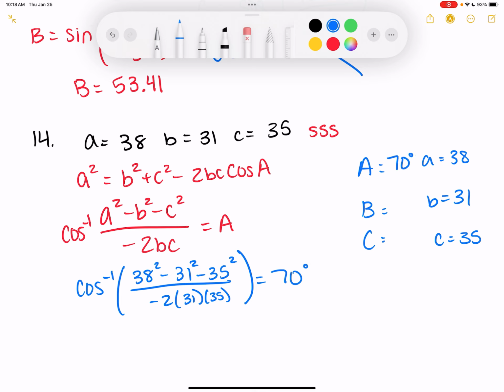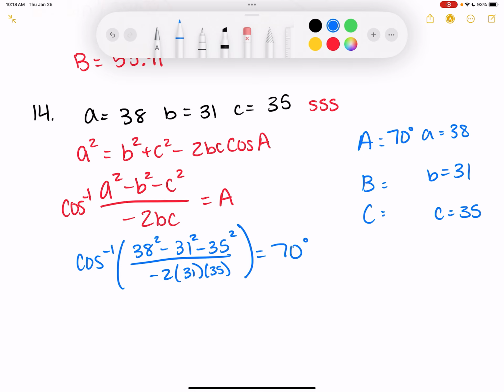So that's angle A. So now I'm going to find C, since it's the next biggest, and I'm going to use law of sines just because it's easier. So sine of C over 35 equals sine of 70 over 38.